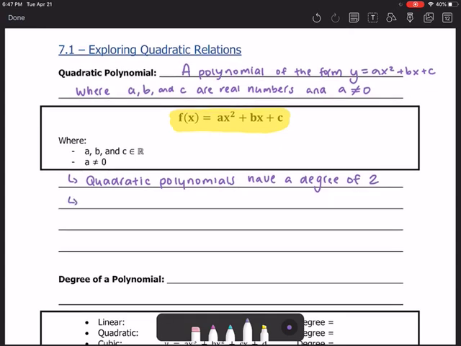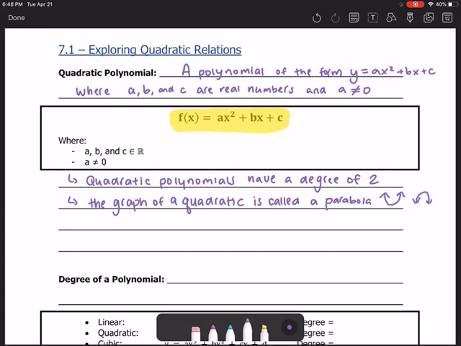Another little tidbit is that the graph of a quadratic is called a parabola. It is a curve that kind of looks like this, or like that. We're going to be talking more about parabolas and their special features down the road, but it is a curve.